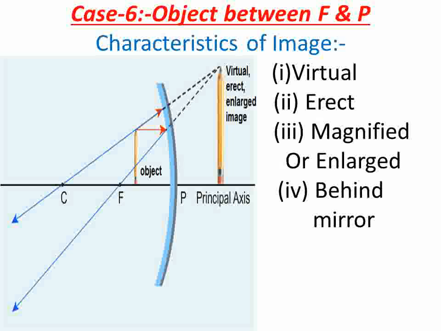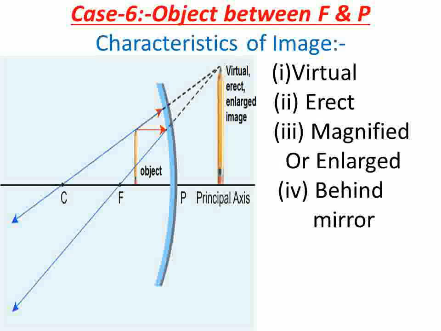Case 6: object between focus F and pole P. Here, the object is placed between F and P in the figure, and the parallel ray after reflection passes through the focus. Another ray passes through the line of the center of curvature and returns back, that is, the ray of light traces its path in the opposite direction. These rays in the forward direction, in front of the mirror, are diverging in nature, not meeting at a point.